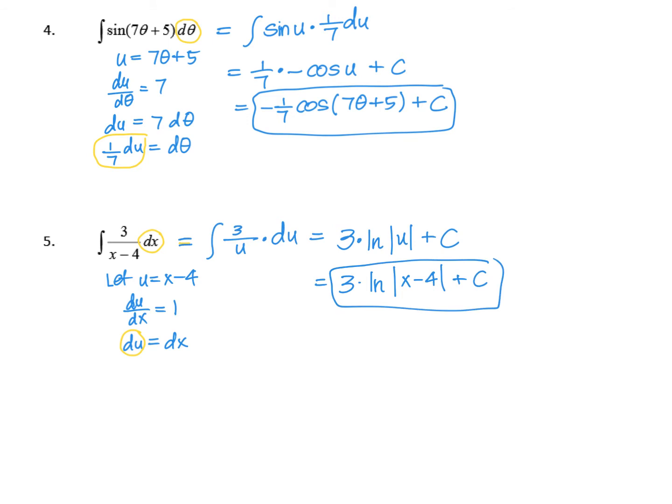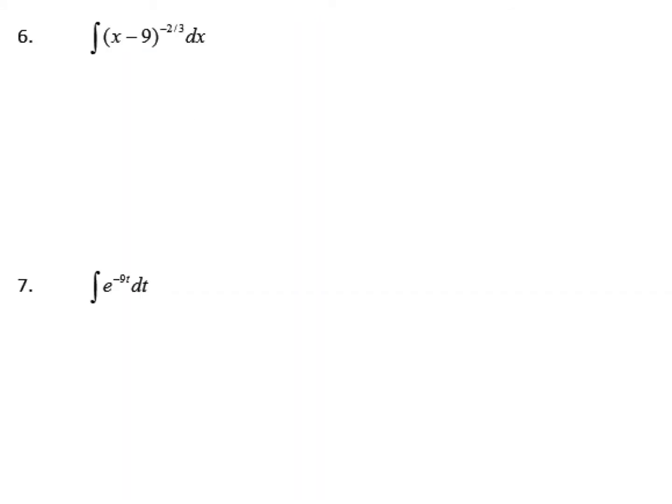All right, let's go on to the next page. All right, here's the next page. Here we have x minus 9 raised to the negative 2/3. It would be nice if it was just u to the negative 2/3. So we're going to let u equal x minus 9. So du dx is equal to 1. So du is equal to dx.